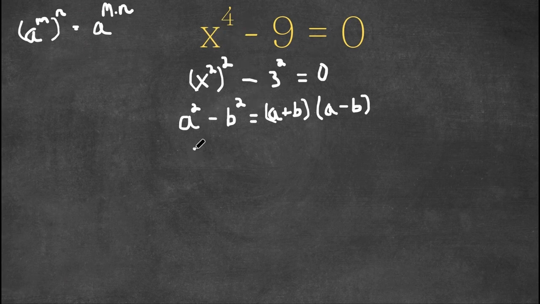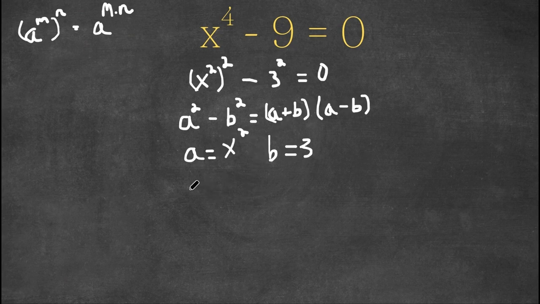In this case, a is equal to x squared and b is equal to 3. So we have x squared to the power of 2 minus 3 squared, and this is also equal to a squared minus b squared. So all we have to do is plug a and b into our expression, a plus b times a minus b.